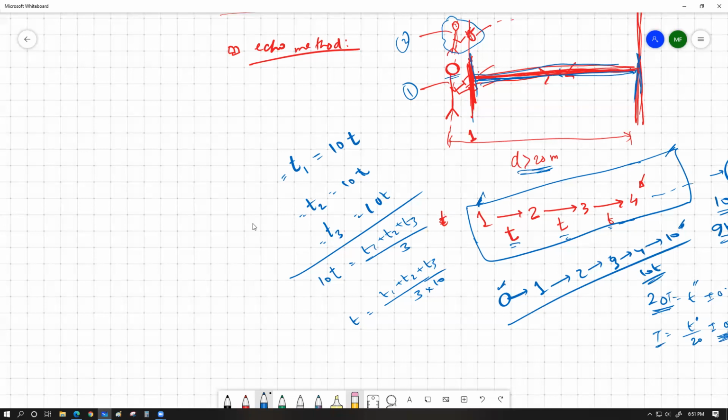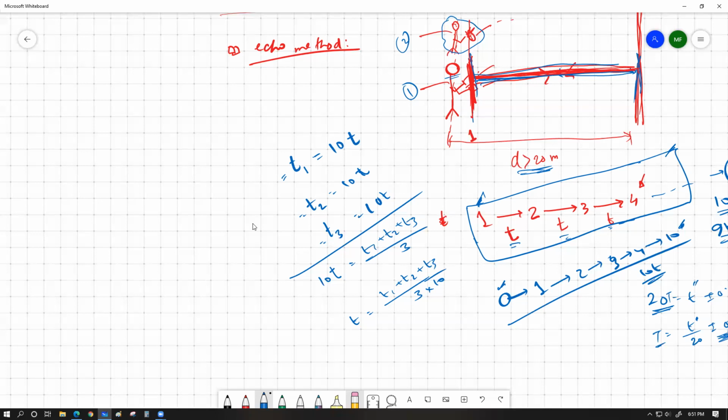Also, if we make the distance too small, the difference between the made sound and the echo cannot be heard. So there is a sweet spot between these two. The distance between the source and the reflecting surface cannot be less than 17.5 meter. That's what we established in our last class. So anything bigger than that is okay.